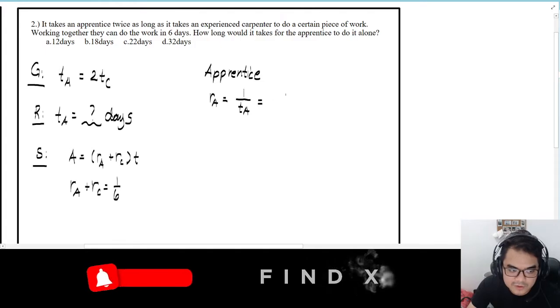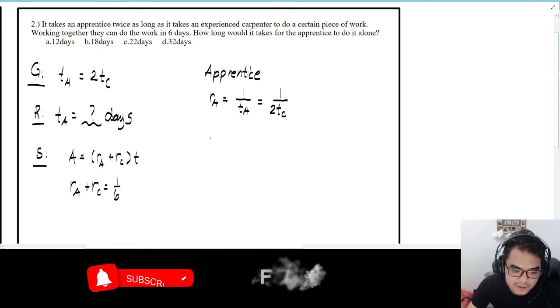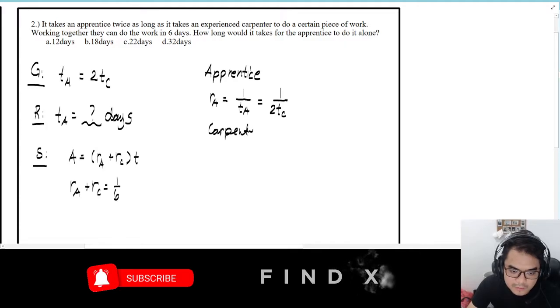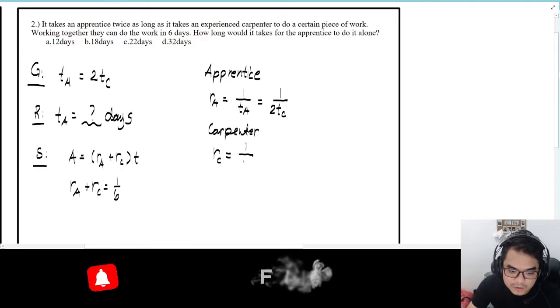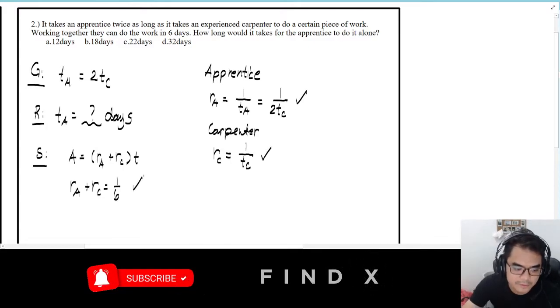You can also rewrite this as 1 over 2TC. Then for the rate of the carpenter, RC must be equal to accomplishment over time, so 1 over the time of the carpenter, 1 over TC. Let's substitute these into the equation.